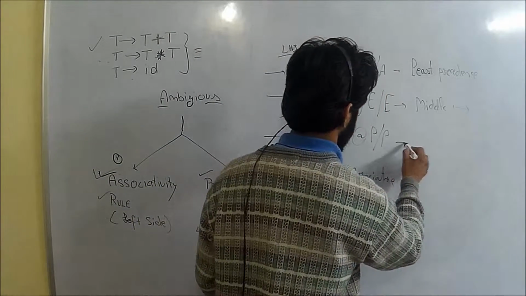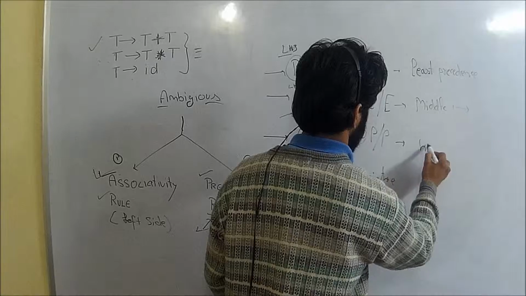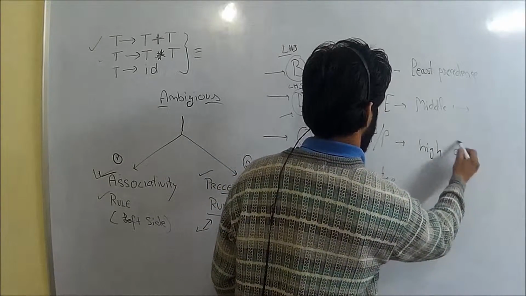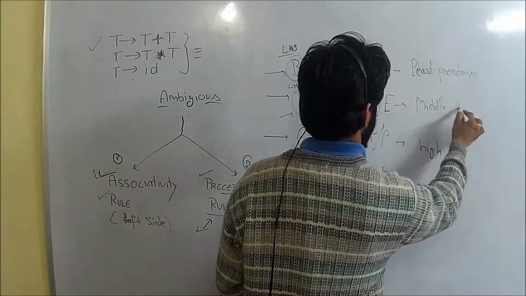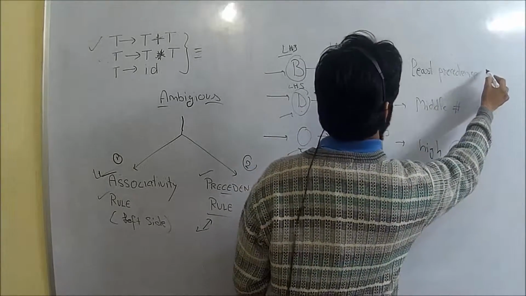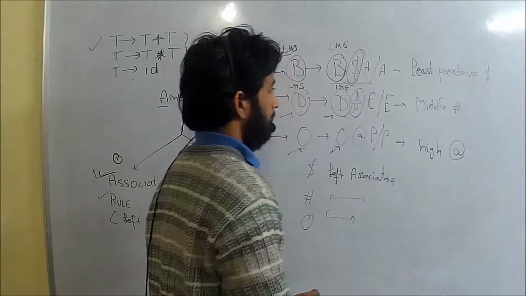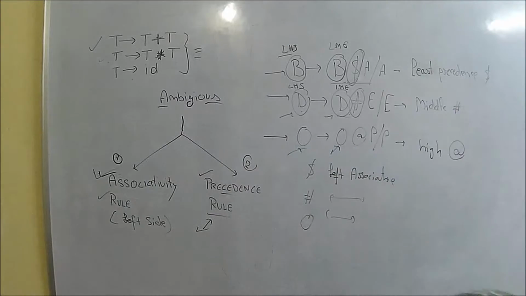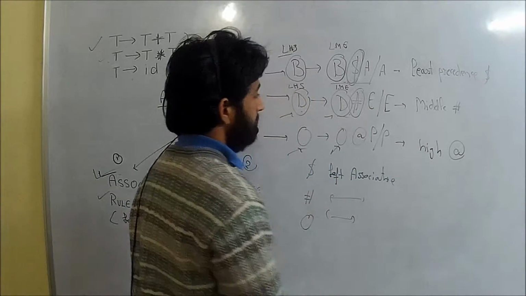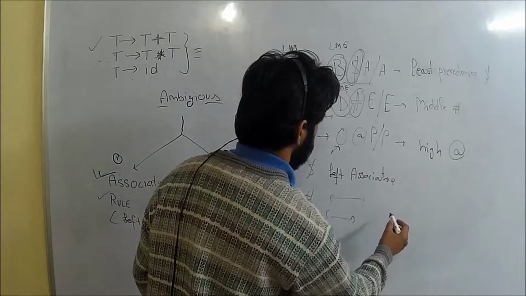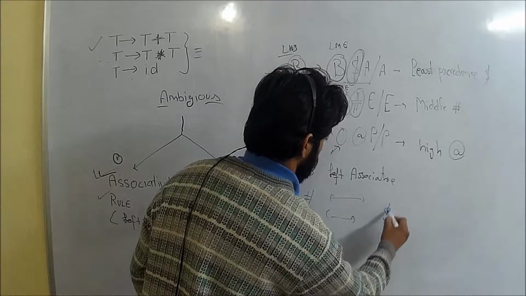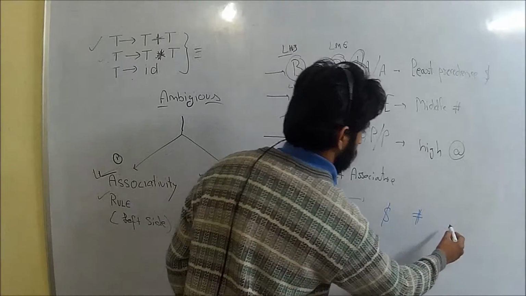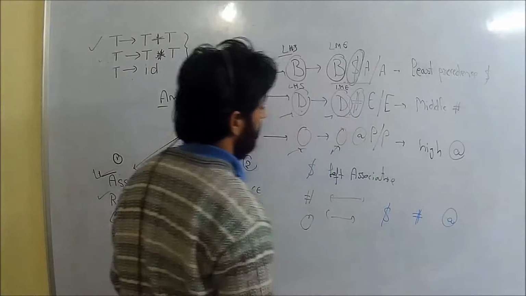Then I have the highest precedence for at the rate. Or I can define the level of precedence for these operators: dollar, then hash, then at the rate.